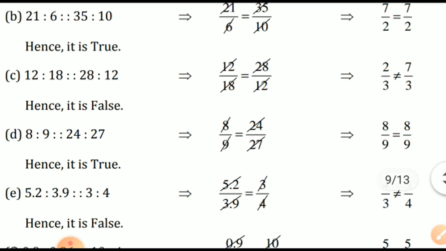Look at the D. D is 8 upon 9. Reduced form is 8 upon 9, because 8 upon 9 is not possible to divide. One number is odd and one number is even. Okay, odd numbers: whenever you find the last number or unit digit 1, 3, 5, 7 or 9, these are called odd numbers.